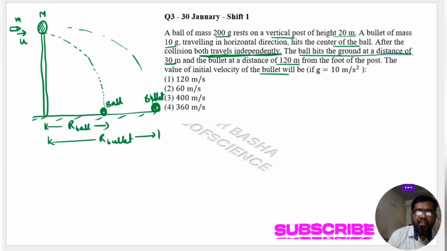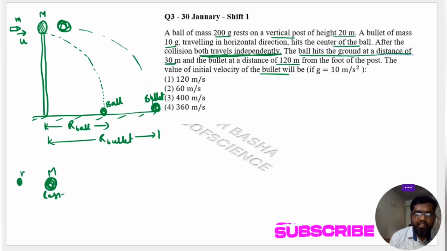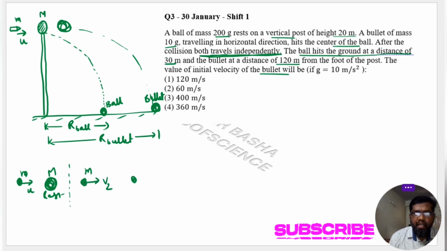The ball will move with some velocity and the bullet with some velocity. So we can think of this m at rest, and this m moving, which initiates the collision. Then after the collision, m moves with a velocity v2 and the ball moves with a velocity v1.